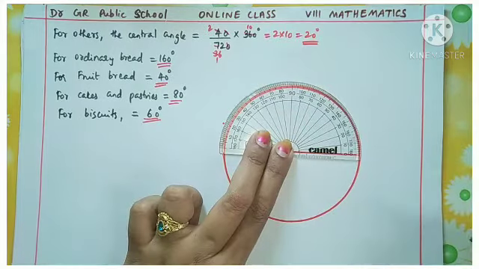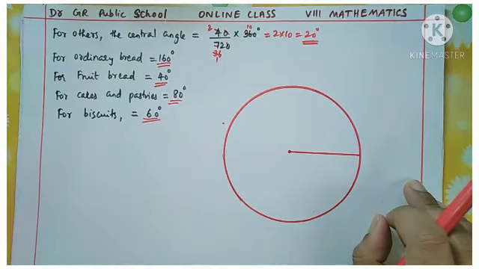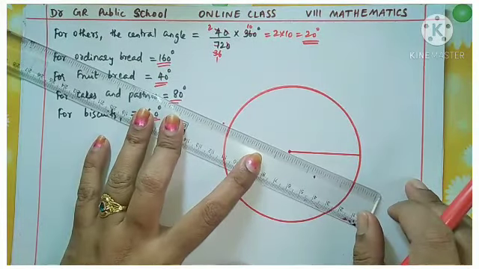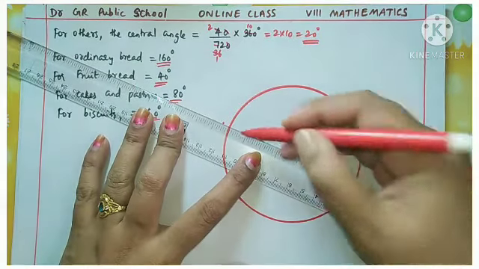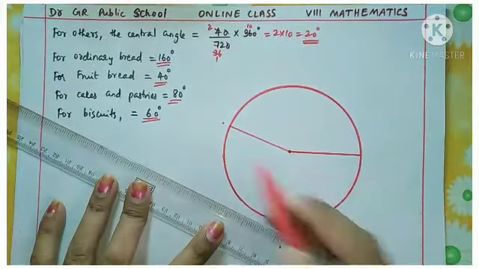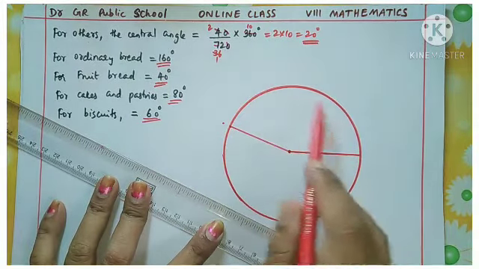That is 160 degrees. Now remove the protractor and join that. Yes, so this is 160 degrees. So we got it for ordinary bread.